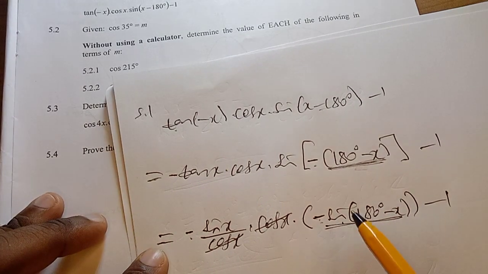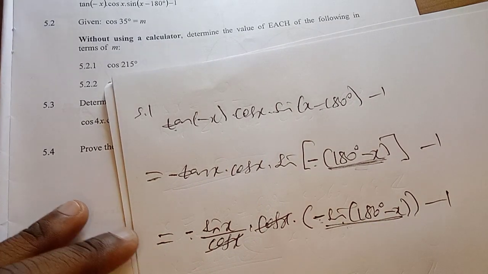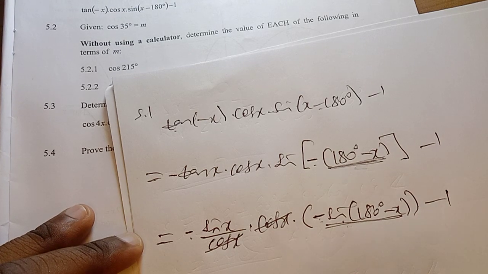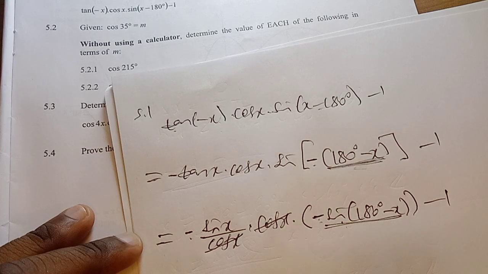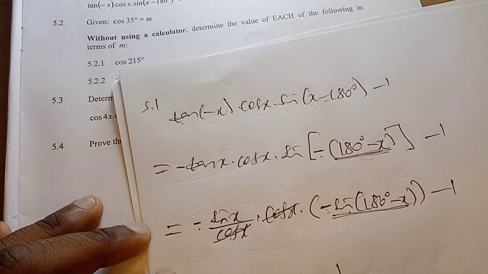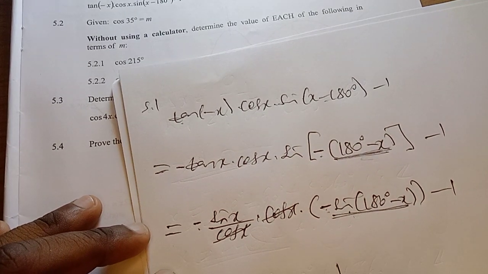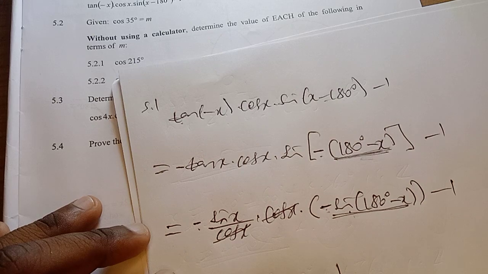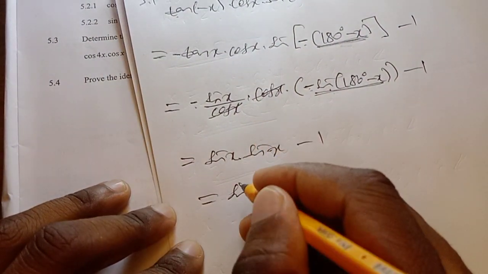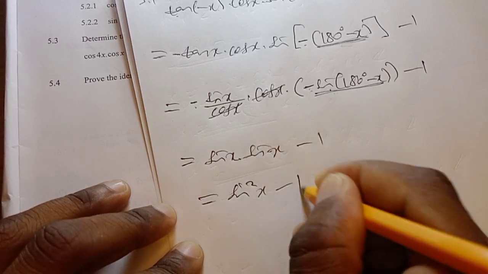In the second quadrant, is sine positive or negative? I remember very well that it is positive. Then here I'm going to have sin x, subtracting the 1 there. Then sin x multiplying sin x, sorry for that, I'm going to have sin squared x minus 1.